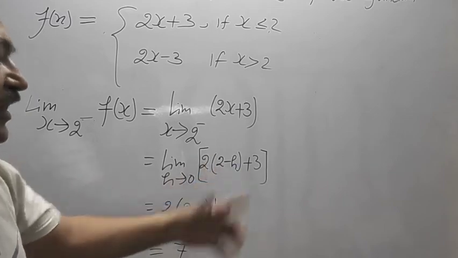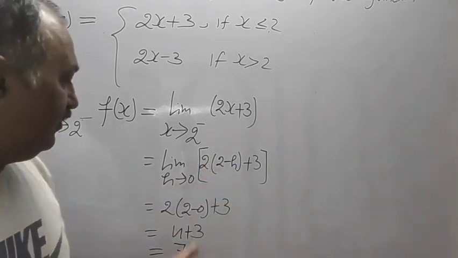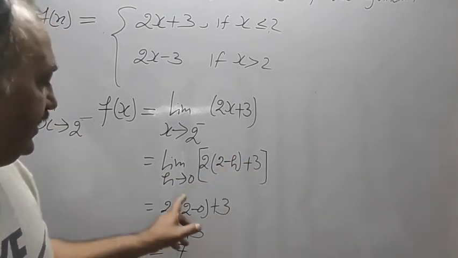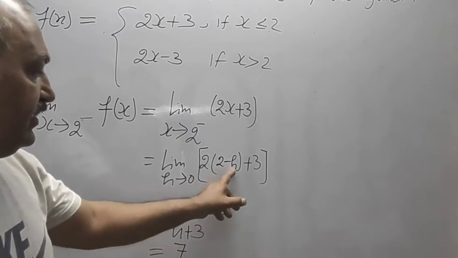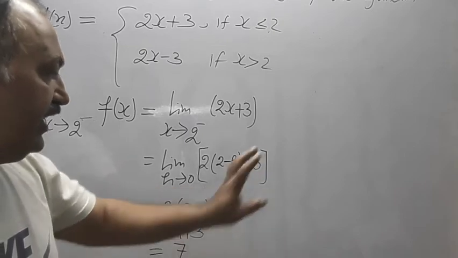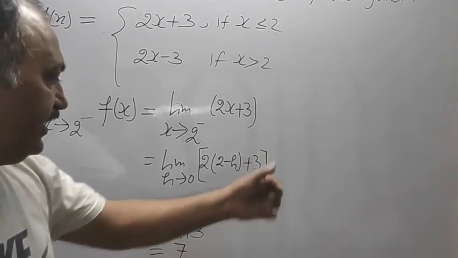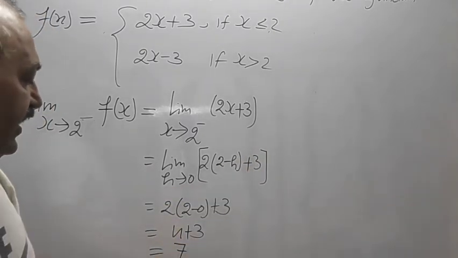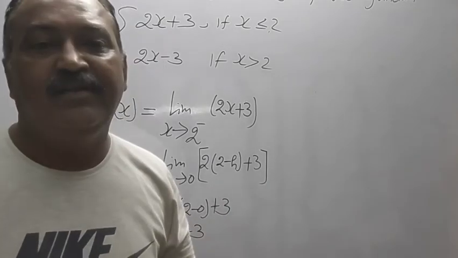And then applying the limit, that is, putting the value of h. h approaches to 0. Putting h is equal to 0, we get 2 into 2 minus 0 plus 3. We get 4 plus 3, that is equal to 7.